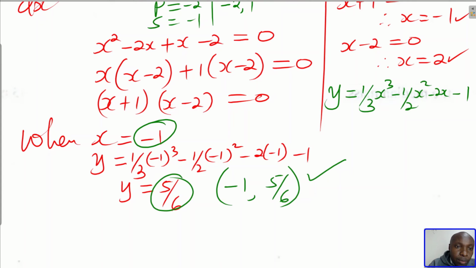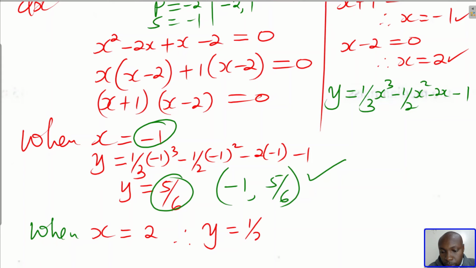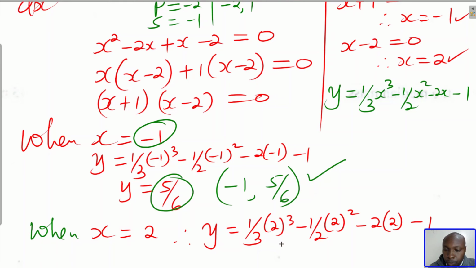The second one, we shall obtain when x is equal to 2. So what will be y? So y is equal to, again we substitute x is equal to 2 in this function. So this is a third times 2 cubed, minus a half times 2 squared, minus 2 times 2, minus 1.